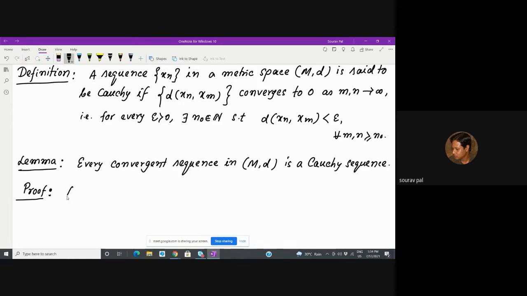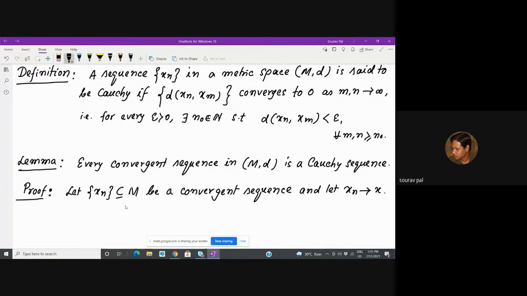Let (xn) be a convergent sequence, and let xn converge to x. This is a standard notation as I have mentioned above.